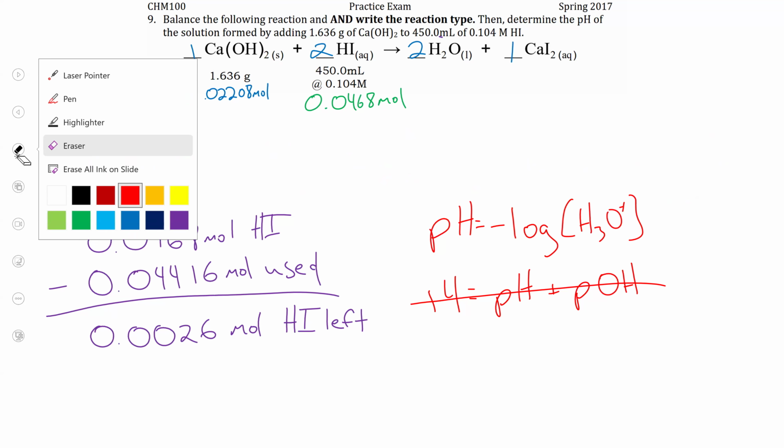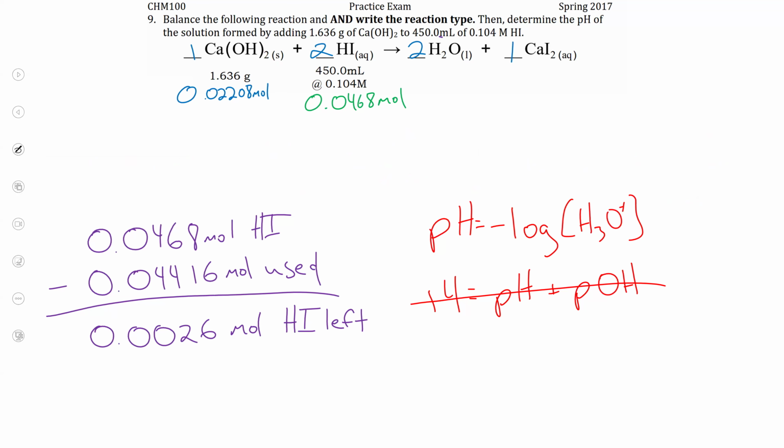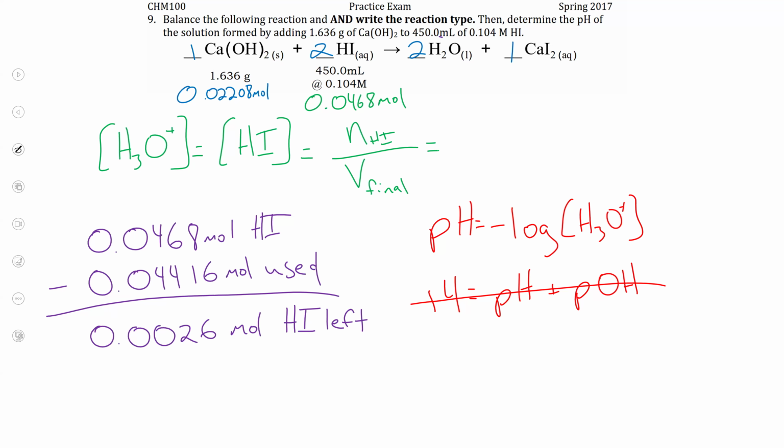In order to get the pH, we need concentration H3O plus, which, because this is a strong acid and we're only doing these questions with strong acids, we can say our concentration of the acid is equal to our H3O plus concentration. Which means we just need moles of HI divided by final volume. Moles of HI left, right there.